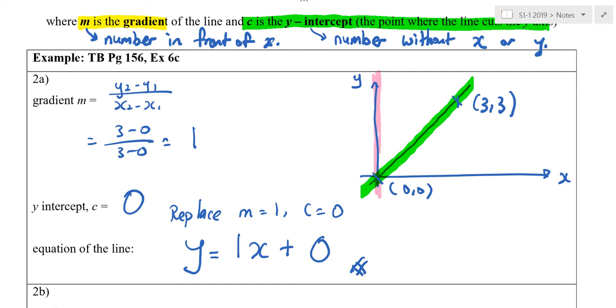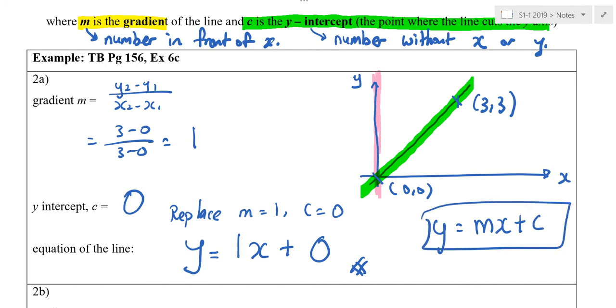Now, Kylie, do you recognize that the equation is y equals to mx plus c? Earlier on, we said that all lines follow y equals to mx plus c. You are supposed to replace the m with a number. What is m? M was gradient and it was 1, right? So replace the m with 1. Replace the c with a number.